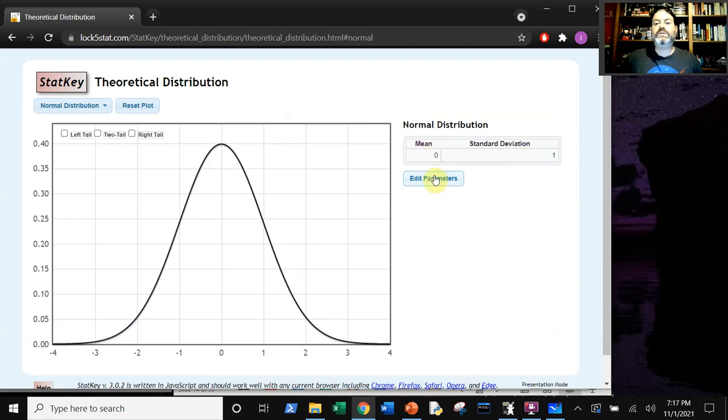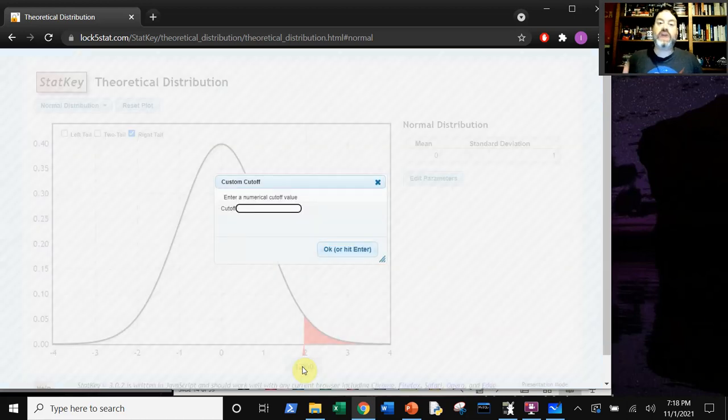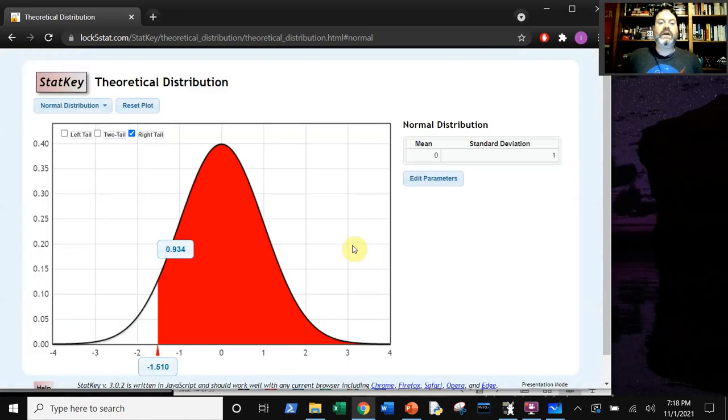And then what you do is you edit the parameters. In this case, it defaults to 0, 1, so you don't have to change anything. We know we have a right tail distribution. And then just like you did with hypothesis tests, you just change the bottom number. So it's negative 1.51. And you can see it's 0.934. So obviously this is much quicker.